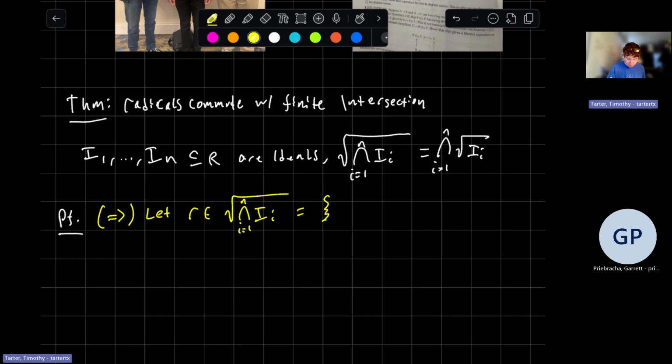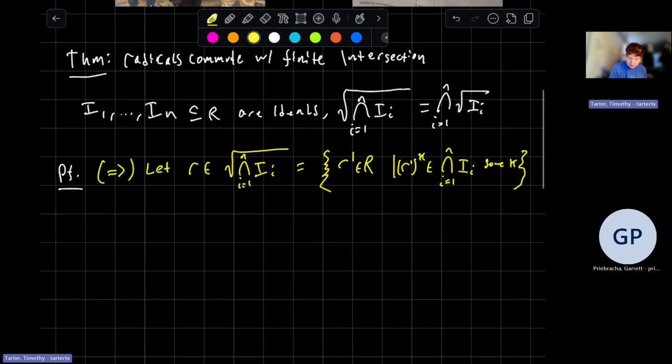This is all of the r prime in R such that r prime to the k is in the intersection for some k.